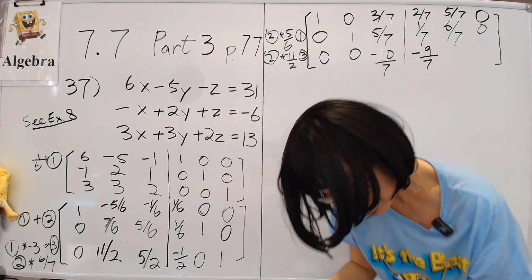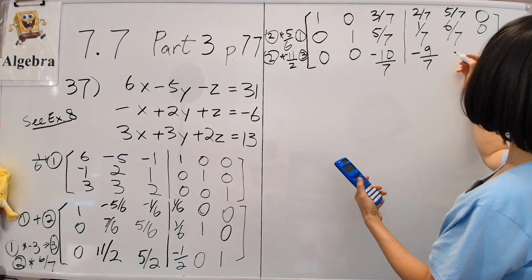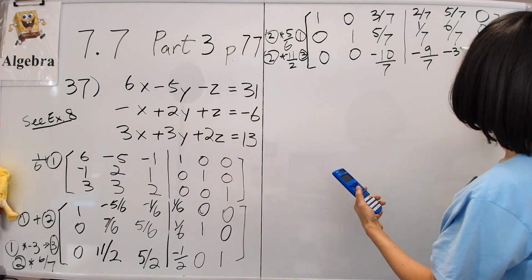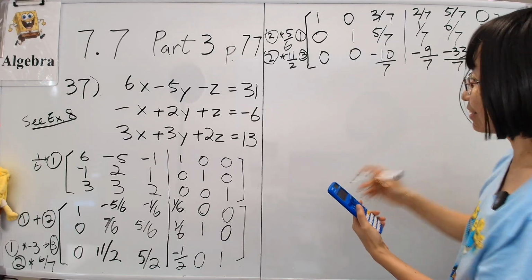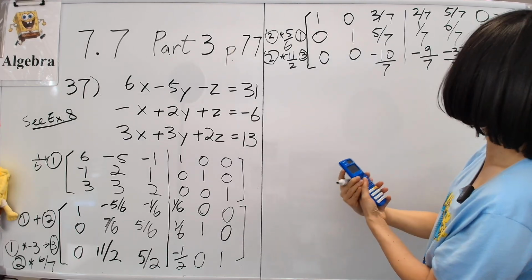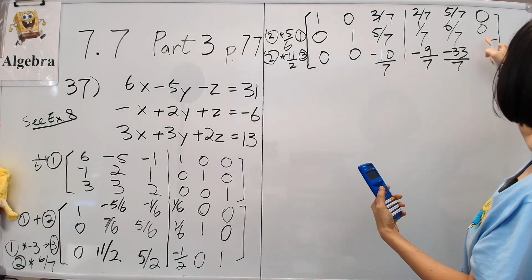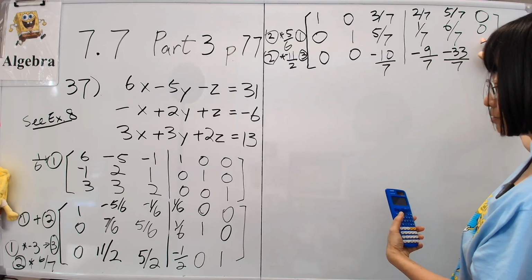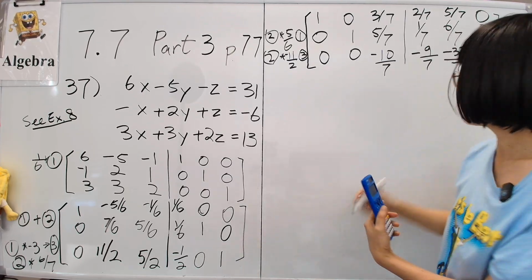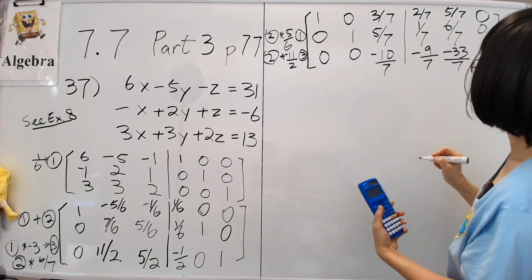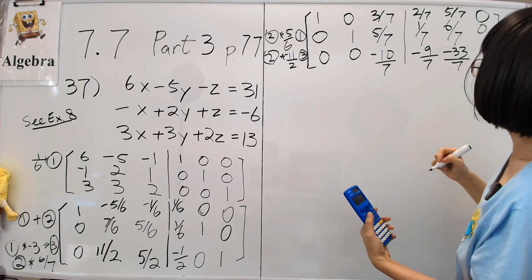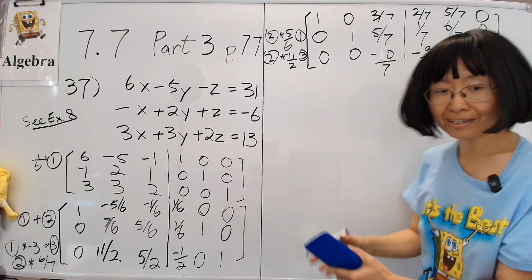Negative 33/7. Still correct, yes. But like I said, the calculator is doing much better than me. So last one, row 2 times whatever, that's 0. So it's still 0 plus the 1, that is just 1. So we have come this far. So far so good, okay?